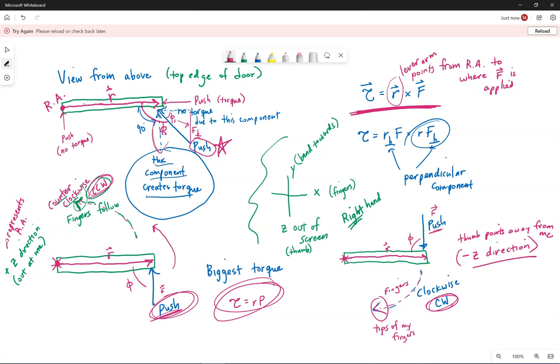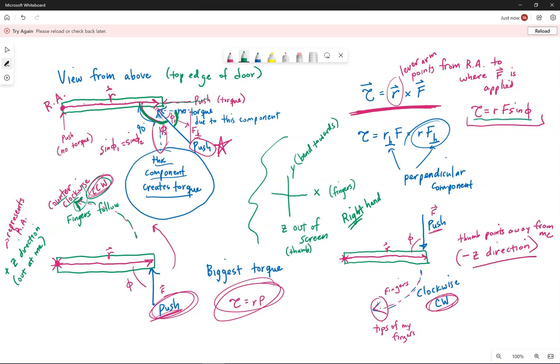It's going to give me this component that is perpendicular to the door. That's why we can write generically torque as RF sine phi, as long as phi is specifically the angle between those two. In this picture, sine of phi1 is the same thing as sine of phi2. So measuring all the way from the door over to the force and taking the sine of that angle gives us the same answer as taking the sine of the force to the extension over here of the door.